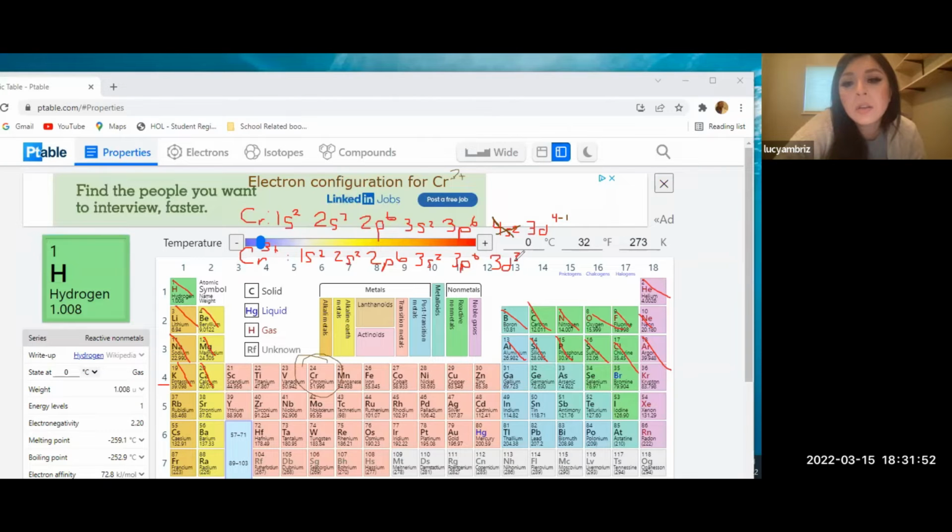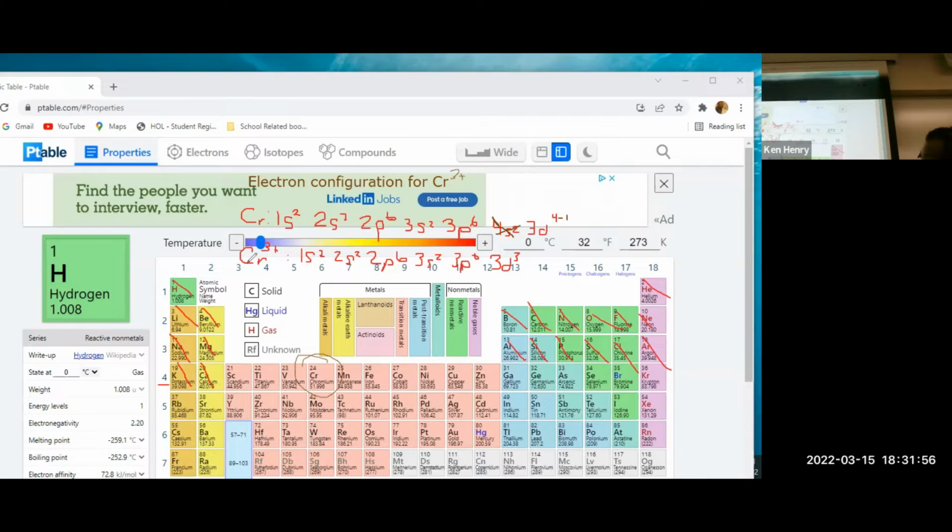And then to do the brackets, using the bracket method the other way. To do it the other way, the short way, you would take the noble gas that would be right before chromium, which is argon.